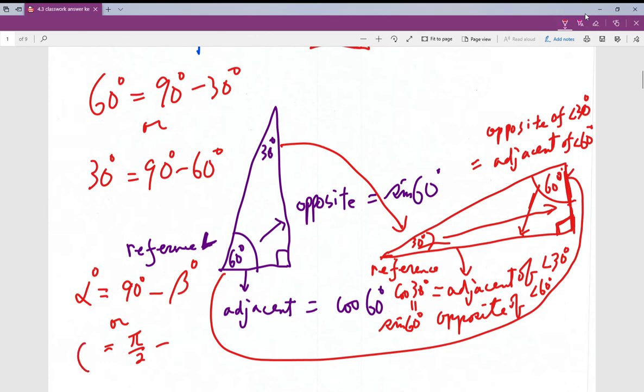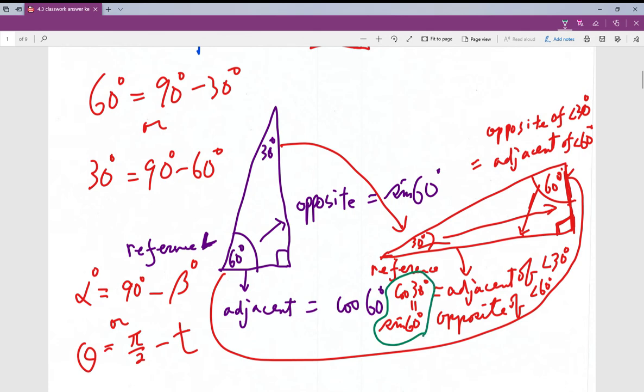If I say theta radian and t, when you have radian, you don't use degree. The sine function and cosine function are so special.